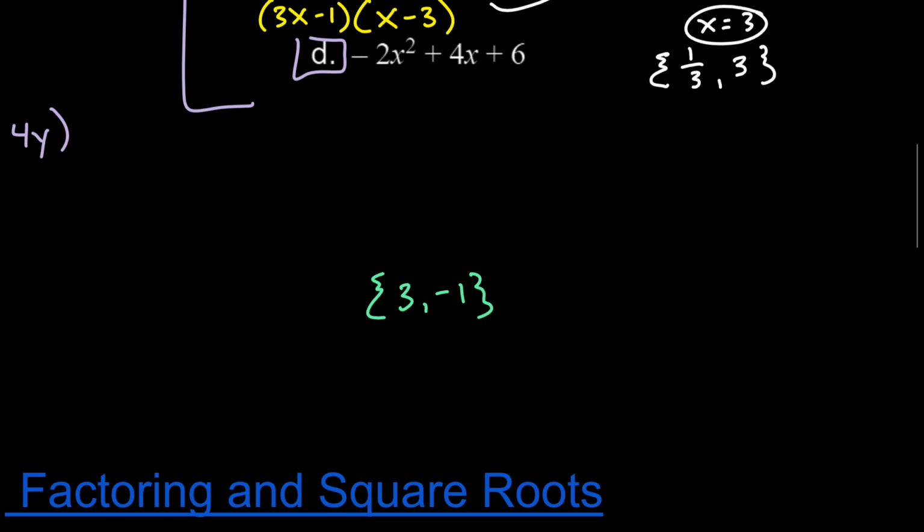What did a lot of people forget to do that they realized had them do a lot more work than they needed? You always should look for a GCF first. It makes your life a lot easier. Could you get this right without taking the GCF out first? Yes. But guess what? It's like 4 or 5 more steps than you needed. So we take a GCF out first, we take that negative 2 out, and then it's just X method. We don't have to factor by grouping.